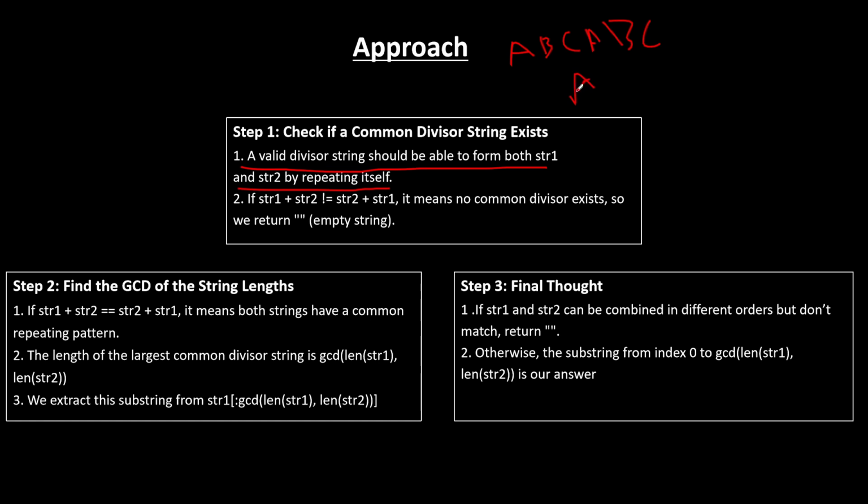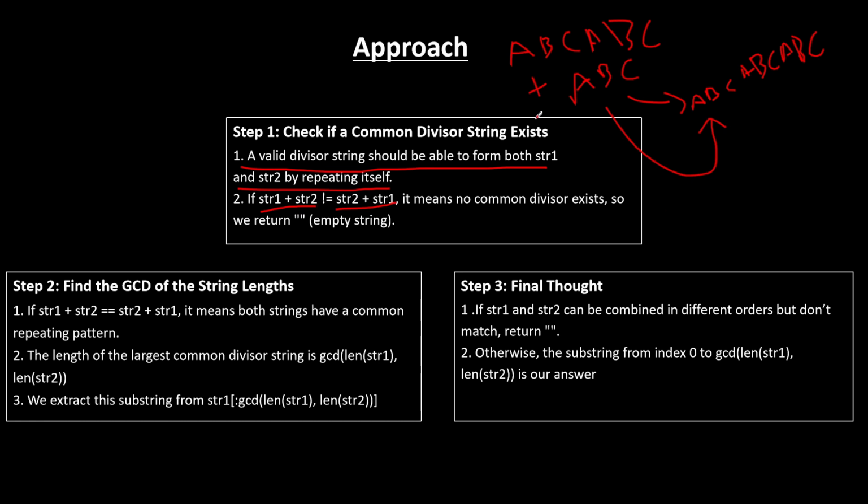So we will add string 1 plus string 2. If we add these two strings, we get ABC, ABC. And if we do string 2 plus string 1, vice versa, we get the same output itself, right?